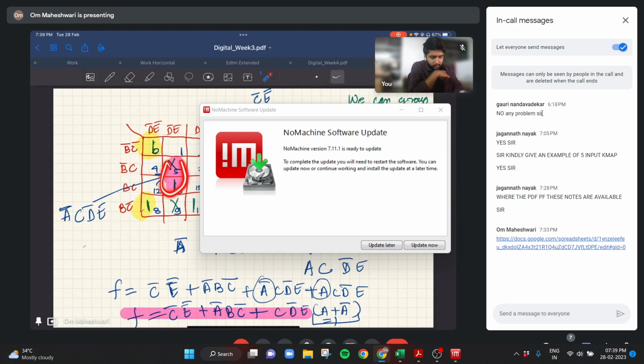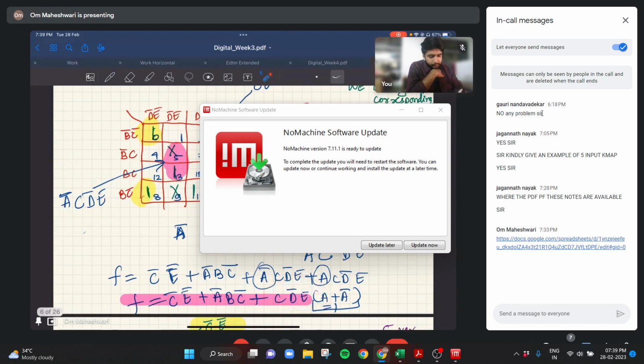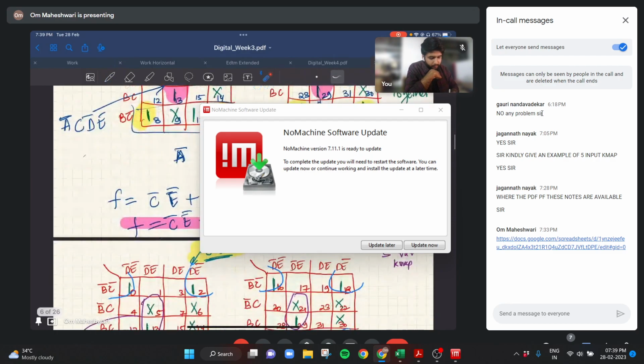Like this one and this one was common, so we'll just write the common term, that is C D bar E. Here these four and these four were common. We will write it just as it is. That is C bar E bar. Here there was nothing common, so I just wrote it as it could be A bar B C bar. This is how we solve a 5 variable K-map.